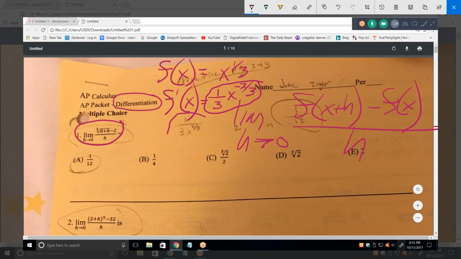In other words, that's what you have right there, is 1 over 3x to the 2/3. That's the derivative function. And we're evaluating it at 8 because of that 8 right there. That's how you get 1/12.